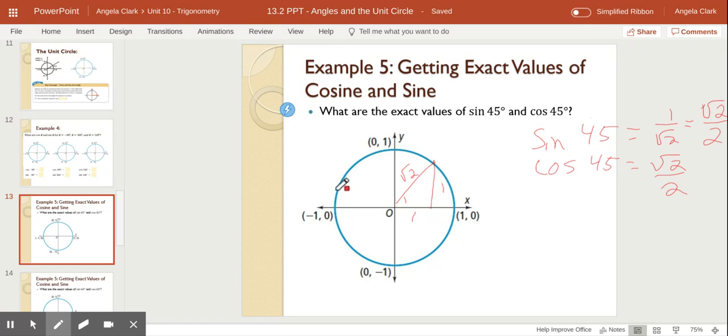I can also know that this point, so if I have the unit circle in my head, I know that this point looks like that, and so this is cosine and this is sine. And I can find it that way. So you can either use the triangle or you can use this.